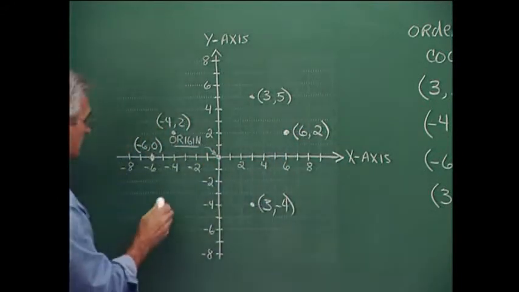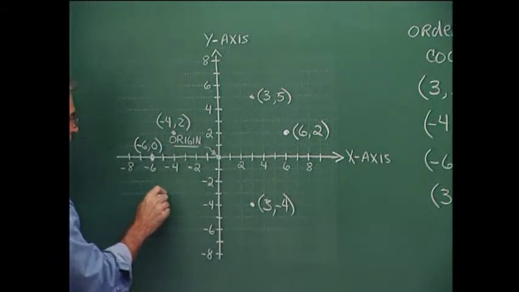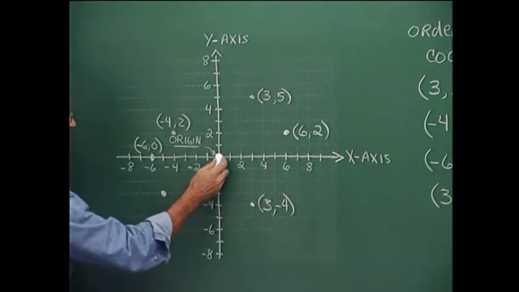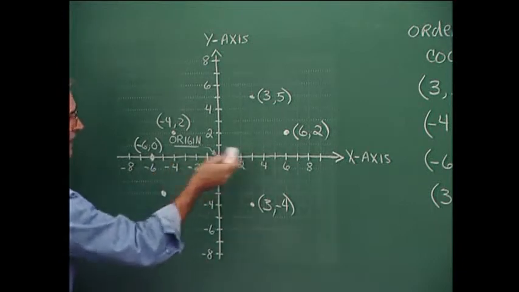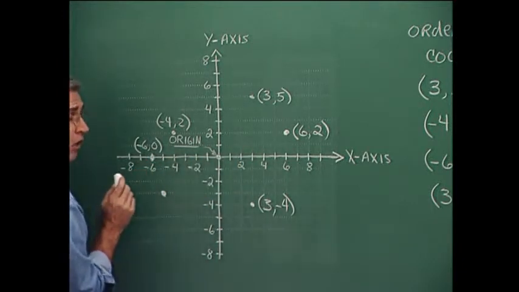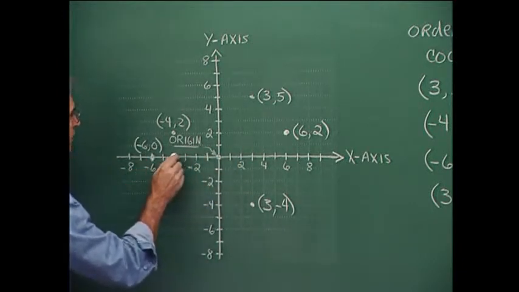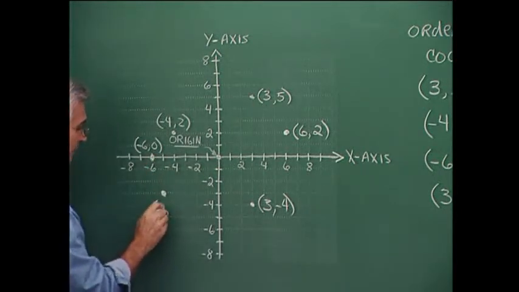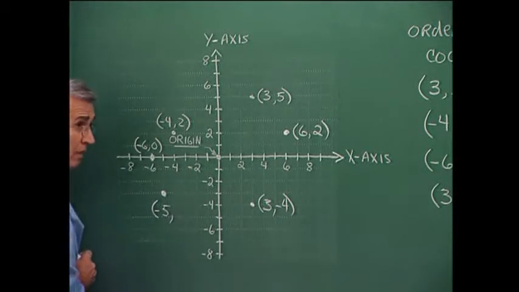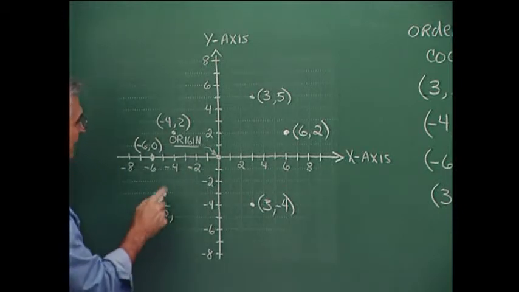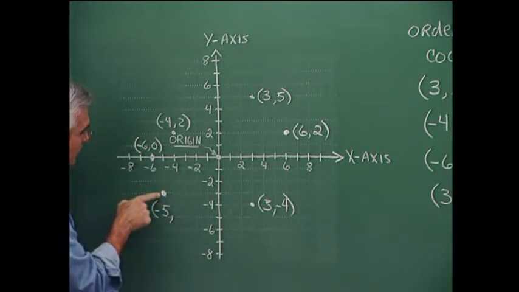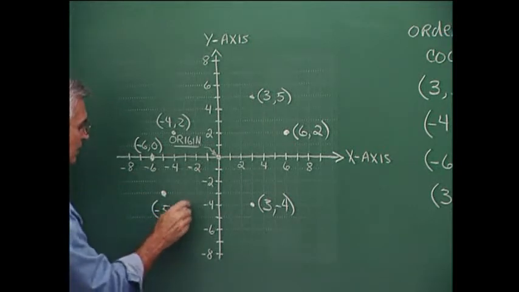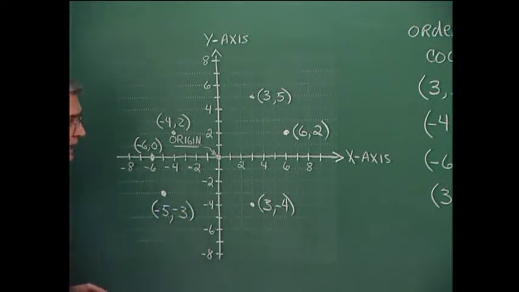And for a point, let's say over here, from the origin, we would have to go negatively on the x-axis, a negative horizontal distance, so 1, 2, 3, 4, 5 in the negative direction. So negative 5 for the x component, or the first coordinate. And then, let's see, we go down 1, 2, 3, so negative 3 for the second component, second coordinate.